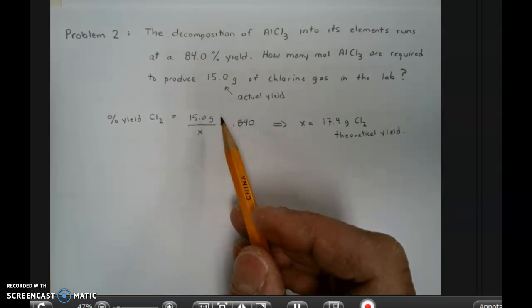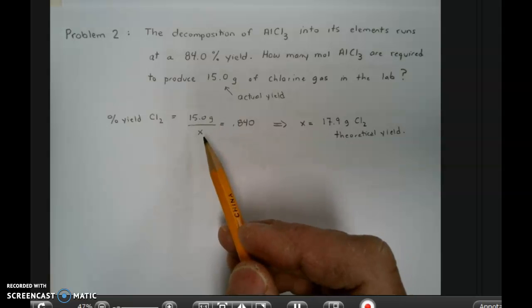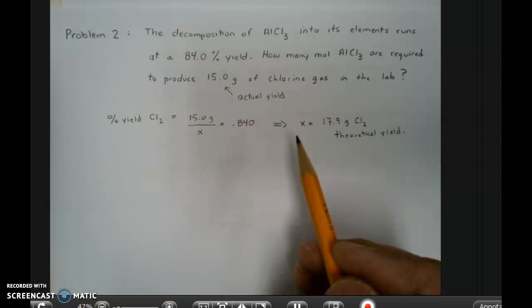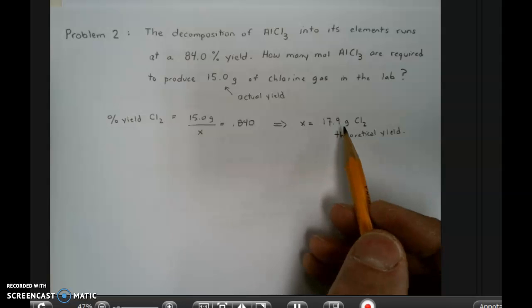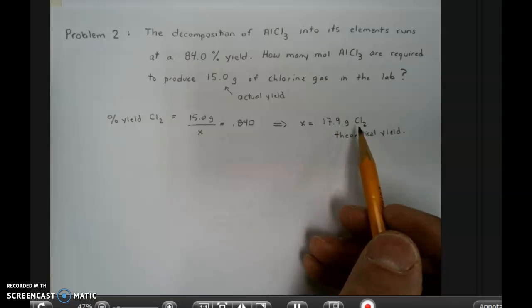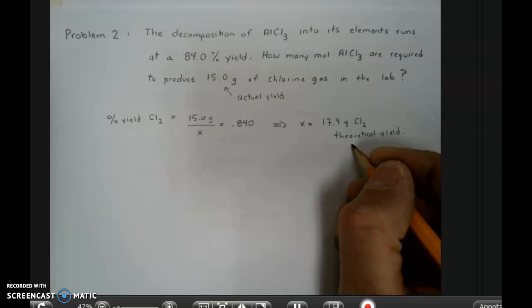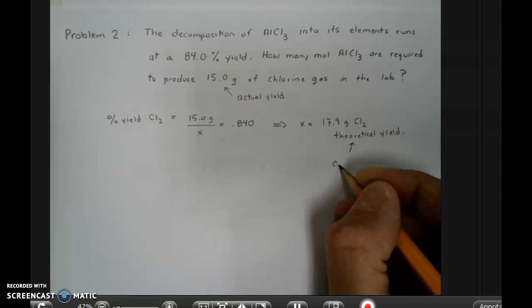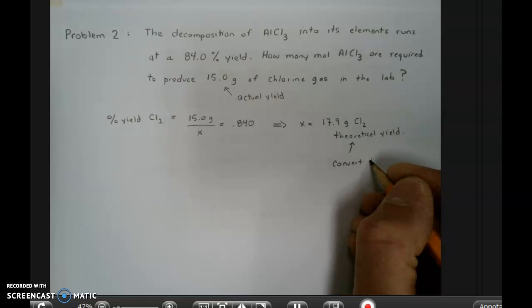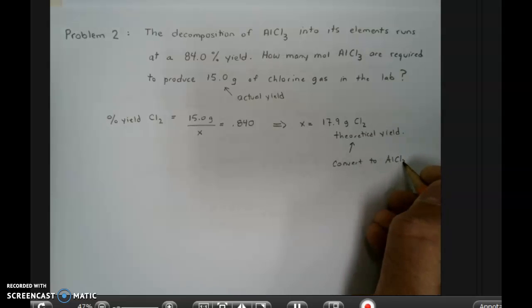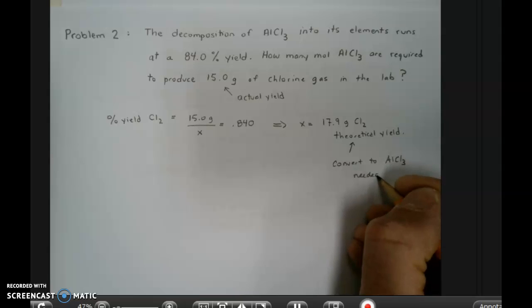They gave me the actual amount of chlorine gas. I can calculate the theoretical amount. And that theoretical amount would be 17.9 grams. So now I can do some stoichiometry to convert this theoretical yield into the amount of aluminum chloride needed to produce it.